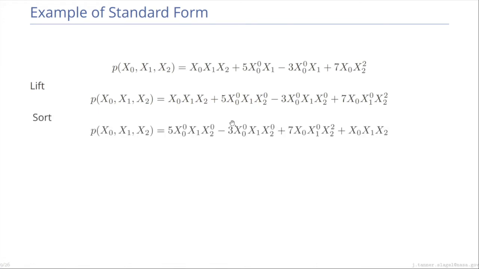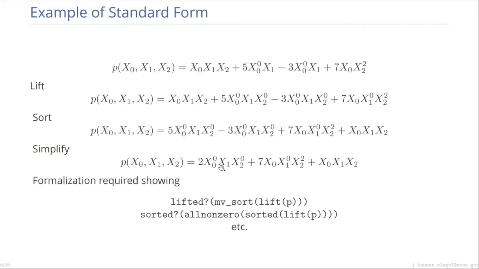After you lift the multivariate polynomial, you sort it according to graded lexicographical order, and then you simplify. To simplify, I believe these first two monomials had the same variables with the same degrees. Therefore, we could put them together and simplify them. So once you do the lift, the sort, the simplify, and the all non-zero, which was not necessary in this example, you get a polynomial that is in standard form.